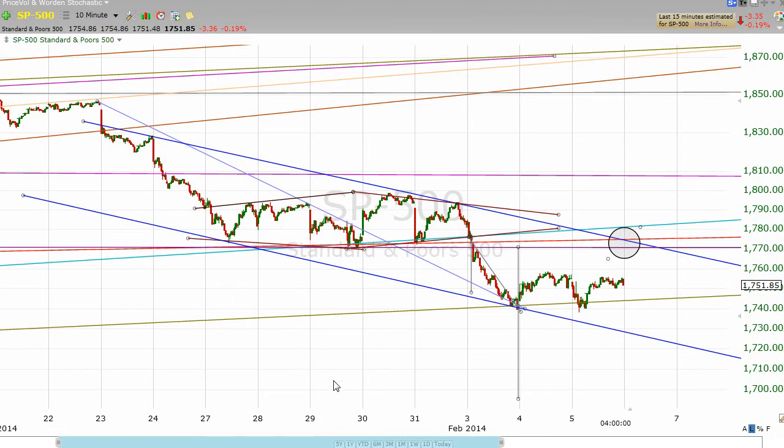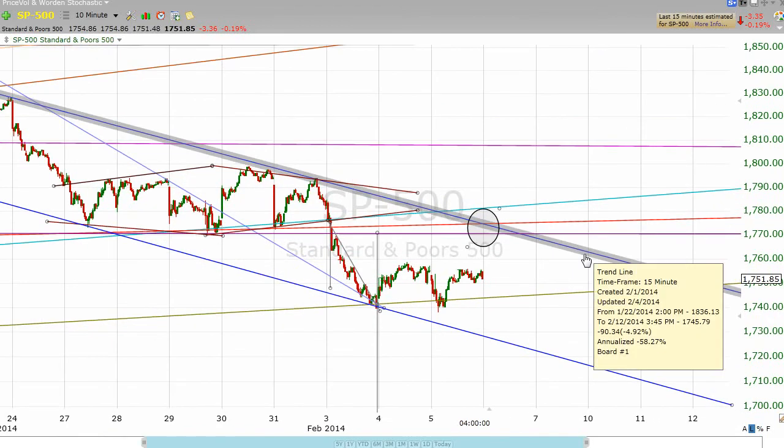You either consolidate to reverse, or you consolidate to continue. This pattern right here was a continuation pattern. We were headed down, we went sideways, and then we headed down again. Now it looks like we're sort of going sideways again.